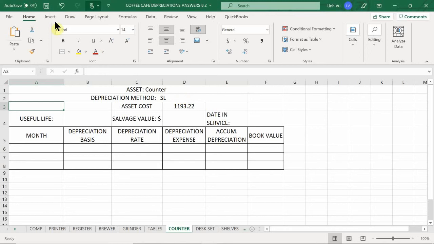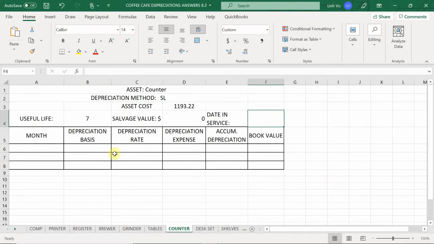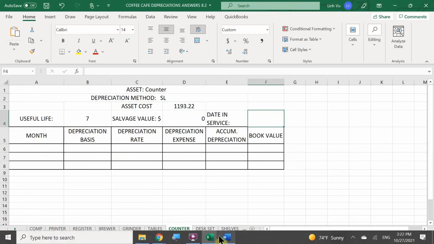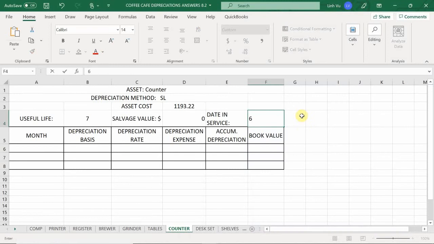Okay, so how many years was it? 7 years. So I just write one divided by 7. What's the day that we placed it into service? June 7.